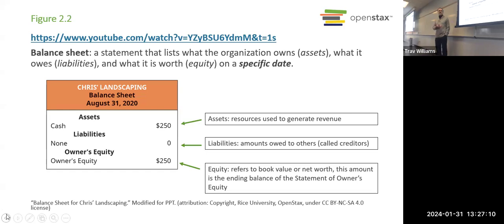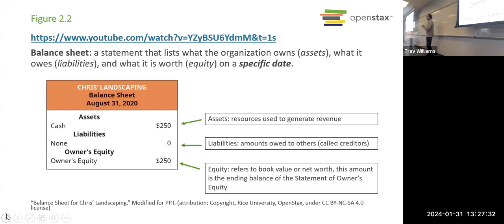Well, if Chris made sales of $250 to his customers and they paid him, he would have $250 of cash, right? That's the most logical explanation.